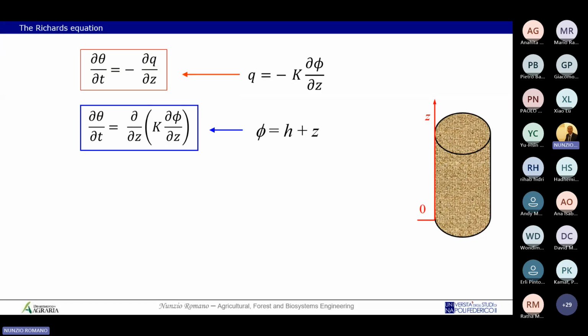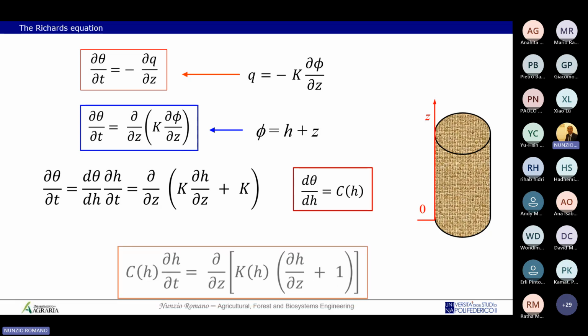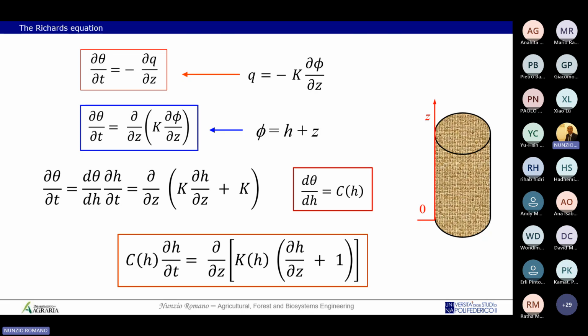So if we orient the vertical direction upward, we have this equation. In most textbooks, the derivative of water content over matric head is C, the retention capacity, and you have the well-known Richards equation.